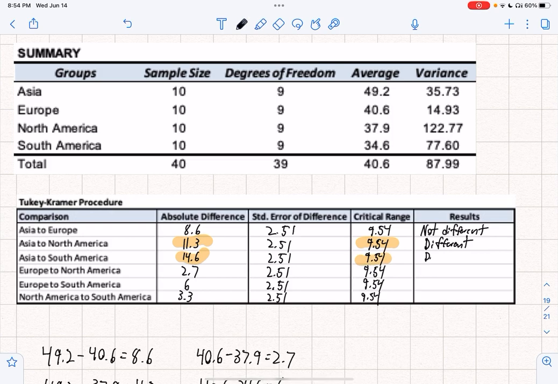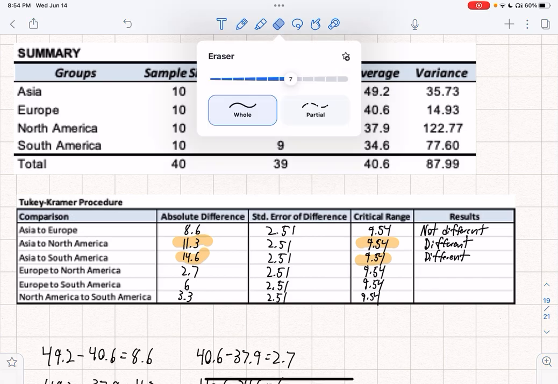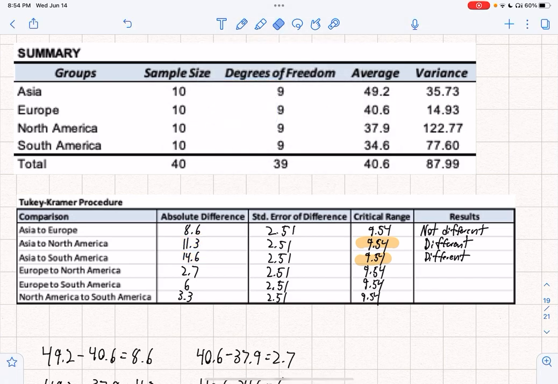So we would say different. Now let's take a look at the rest. Is 2.7 bigger than 9.54? No. Is 6 bigger than 9.54? No. Is 3.3 bigger than 9.54? No. So for the rest of these, we would say not different, not different, and not different.